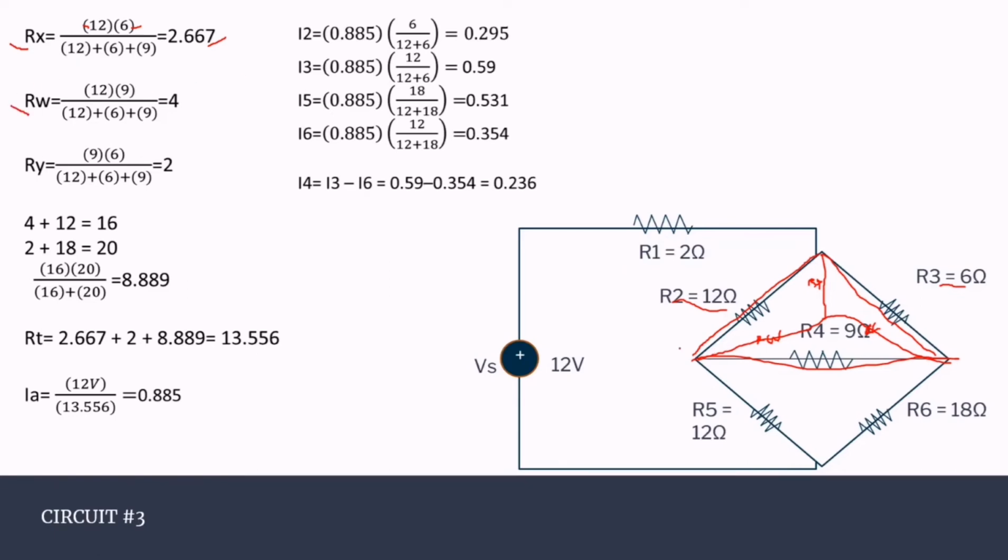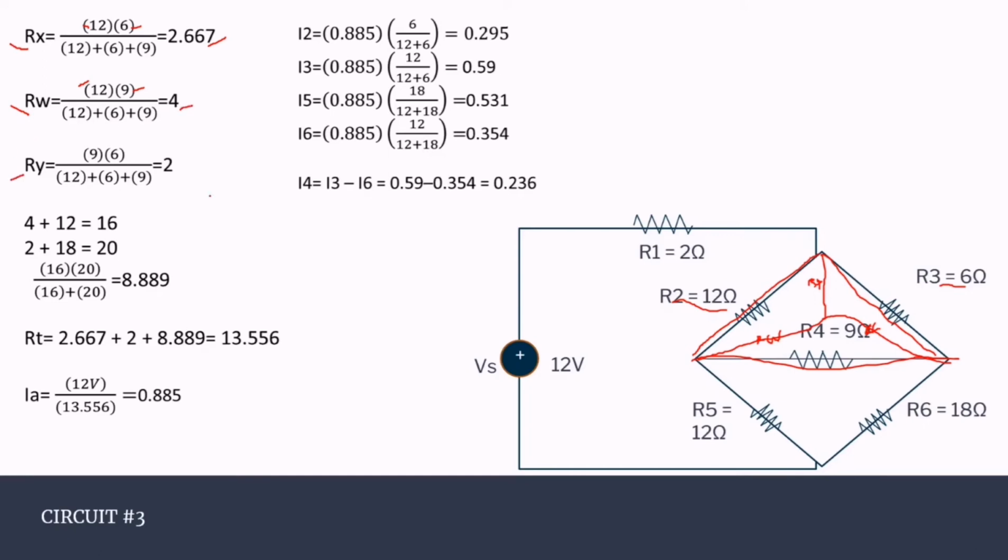Going to get the sides. So we have R2 and R4, 12 and 9 over all of the sides. So we have 12 times 9 over 12 plus 6 plus 9 is equal to 4.